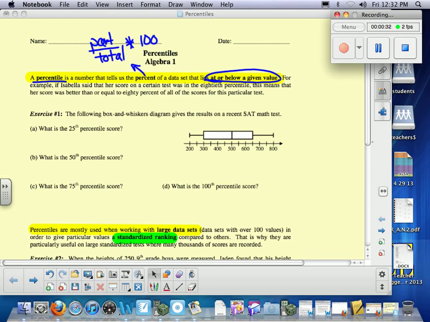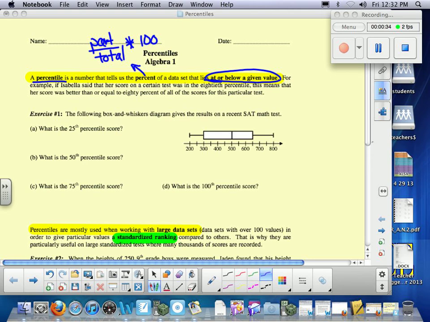Going back to our box and whisker plots, the 25th percentile is what we called before our Q1. So that means for this SAT math test, 25% of the kids scored a 300 or less.